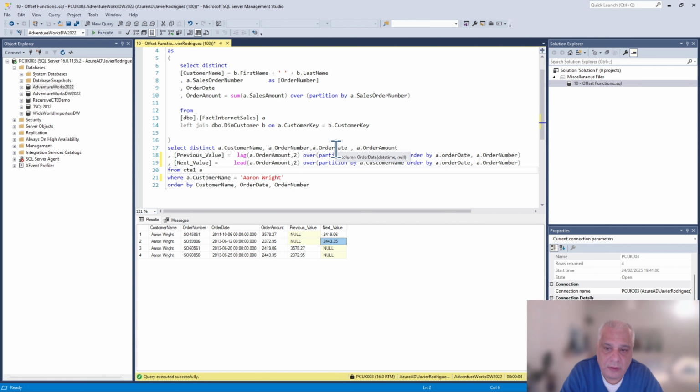These functions are important because we can create differences.